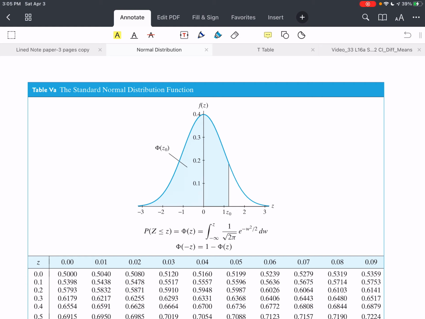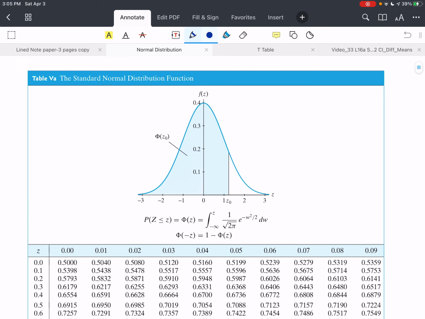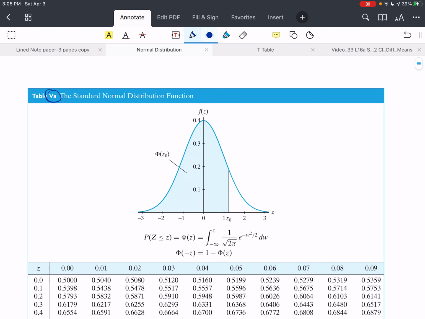So table 1 is just like the tables you may have seen if you've taken an introductory statistics course. If you haven't, well, you were supposed to take, and I hope you did, and I know everyone this semester did, take probability theory, in which we learned how to use these tables. So table 5A here, the areas inside the table are phi of z.